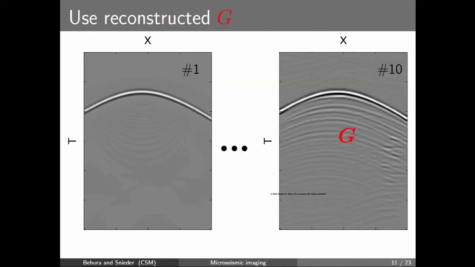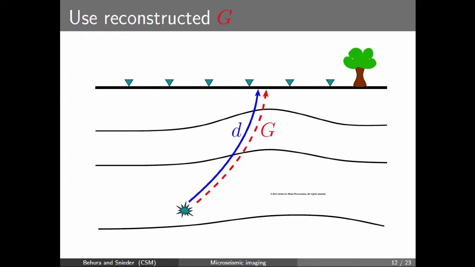So instead of decomposing into up and down going waves, we are just going to use the Green's functions from a virtual source and record them on the surface and use that to image these microseismic events. And that's the Green's function shown on the right. So let me recap.